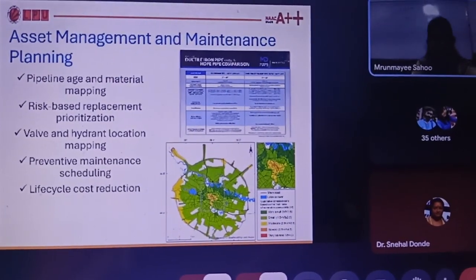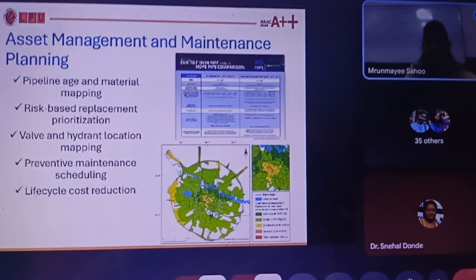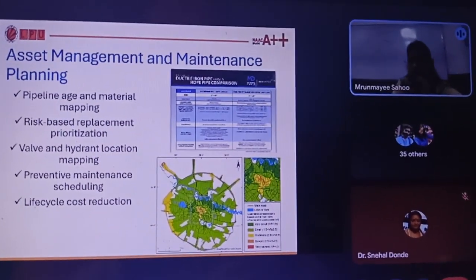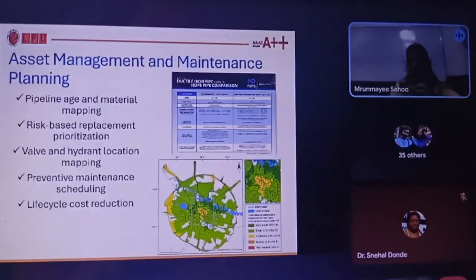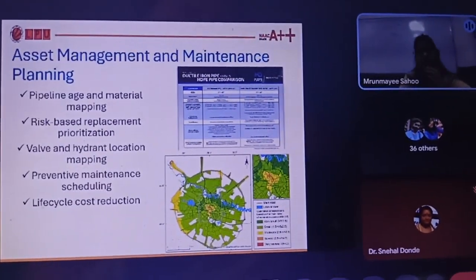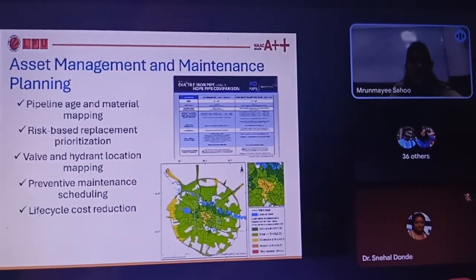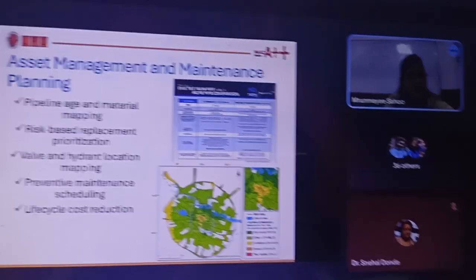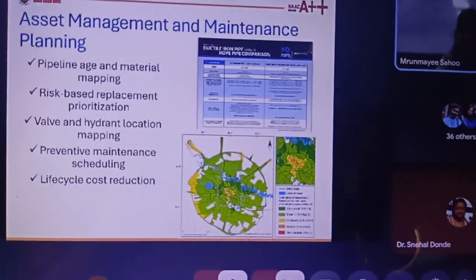At that time we will run the water because minimum night flow will be there, and if we see any kind of leakage or any kind of unbilled water someone is taking, then we will be able to analyze it. And I'll show you one dashboard also if your team permits. That particular dashboard will be connected to the customer and the administrator.